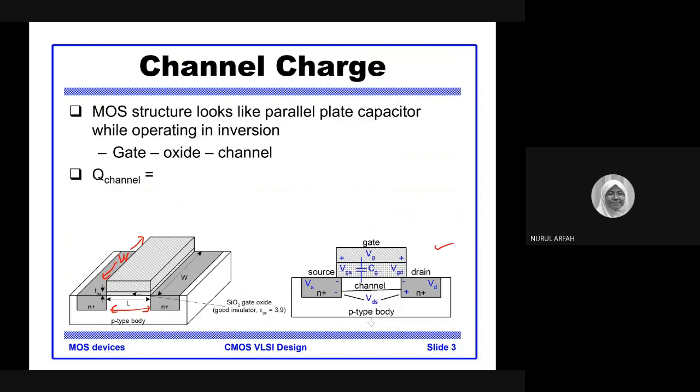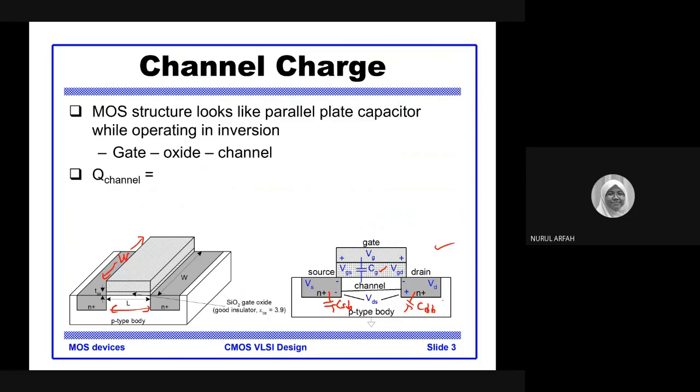We have the capacitance at the gate, so this is CG. And like I said before, there's another capacitance of the drain and bulk, and the capacitance of source and bulk.